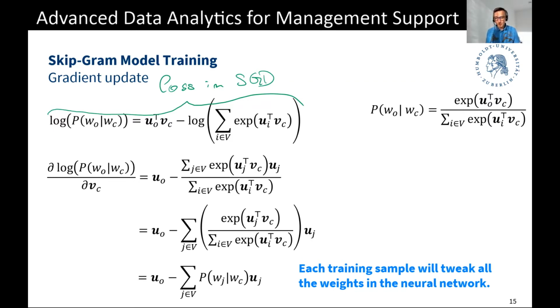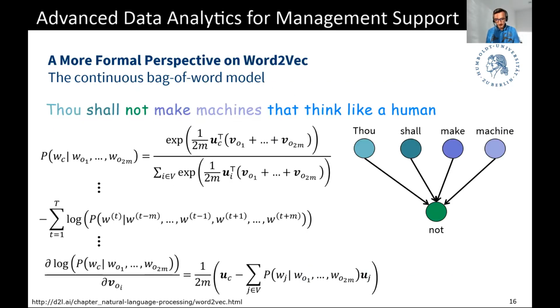I was starting with skip-gram. For CBOW, in a nutshell, things are the same. Remember that in CBOW we have multiple context words and use these to predict a central target word. So the probabilities of interest change.